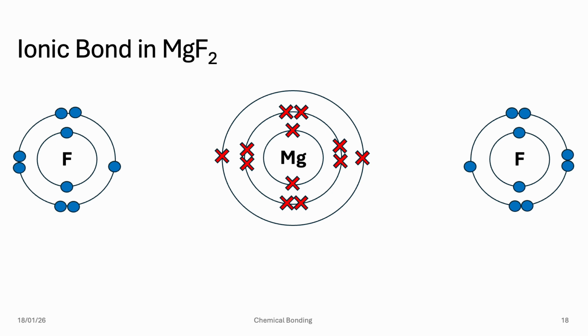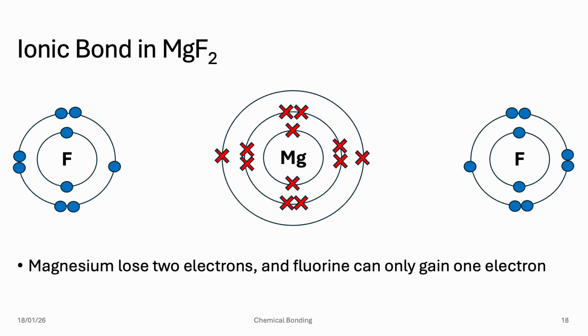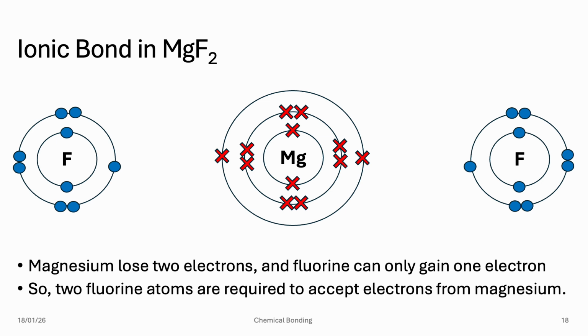Okay, what happens in magnesium fluoride? In magnesium fluoride, magnesium will release 2 electrons, while fluorine can only gain 1 electron. So we need 2 fluorine atoms to accept the electrons from the magnesium. One of them goes to the first fluorine, and the second one goes to the second fluorine.